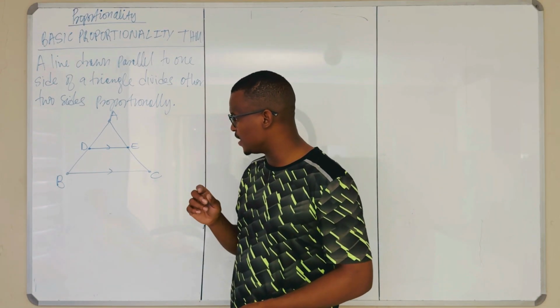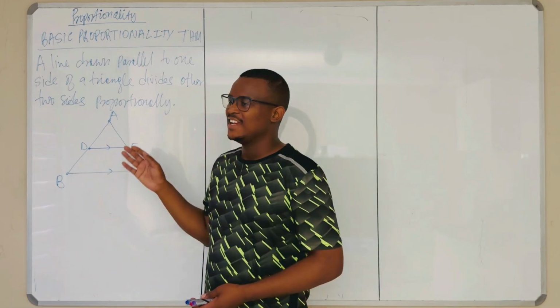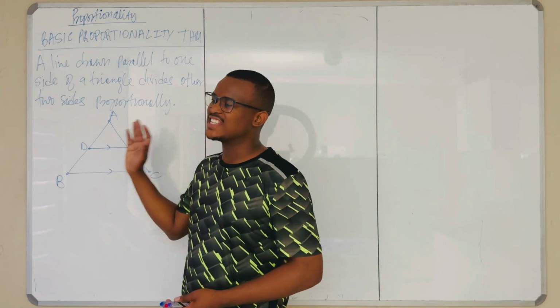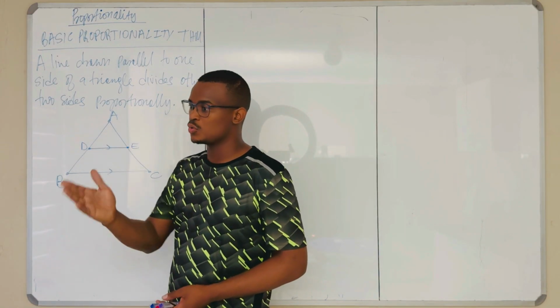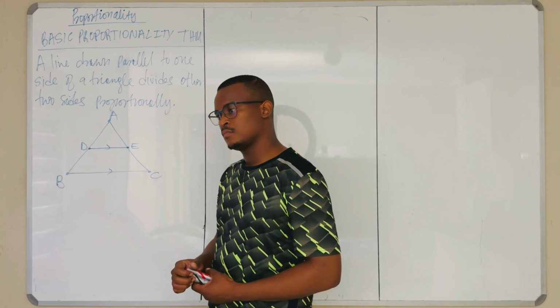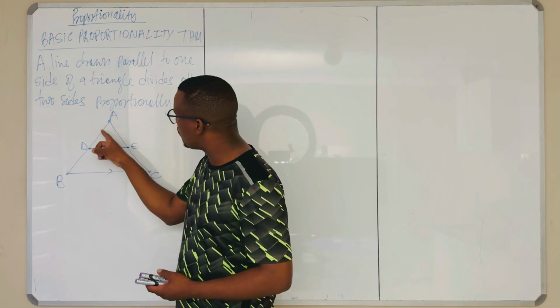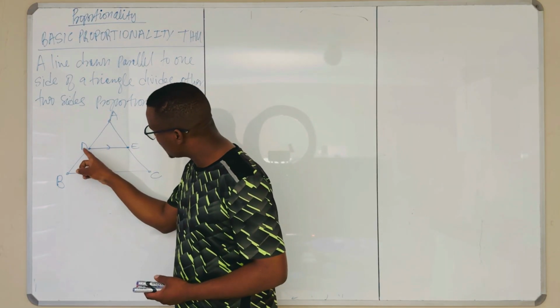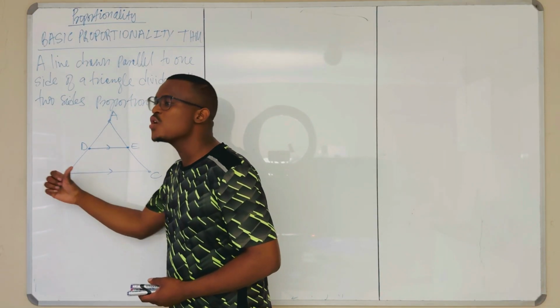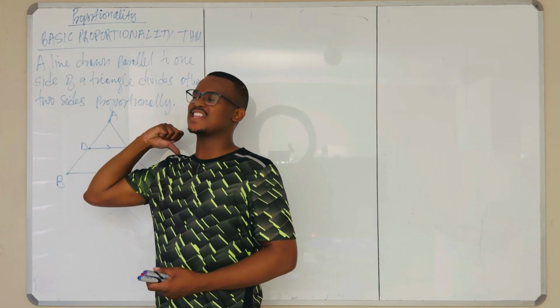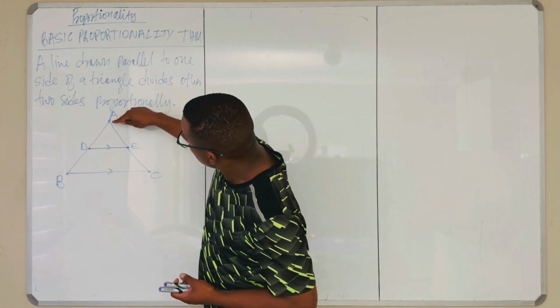In that case, what does it mean? It means that if you take the ratio of the same parts, those ratios will always be equal. Because if you say the top part AD divided by the bottom part DB, it should be equal to the corresponding ratio of the other side, so it should be AE over EC.